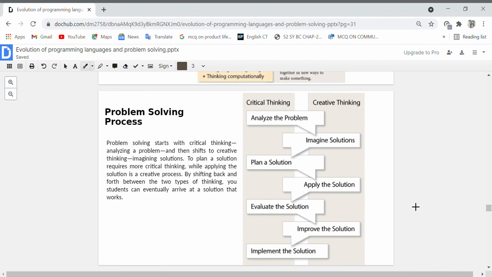So let me tell you the simple steps of the problem solving process.